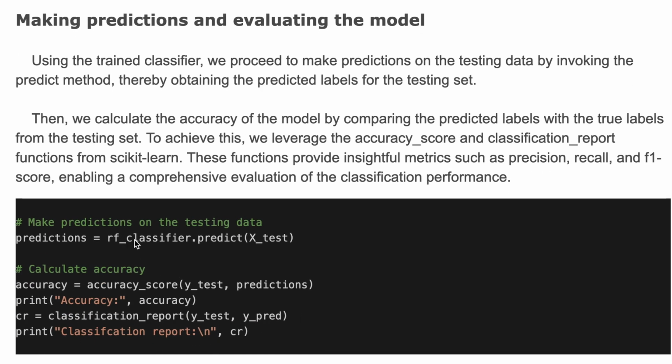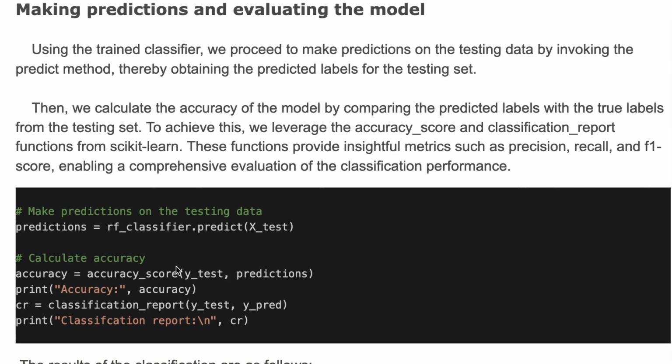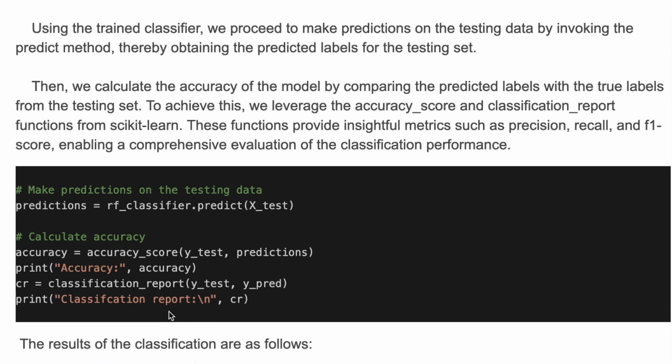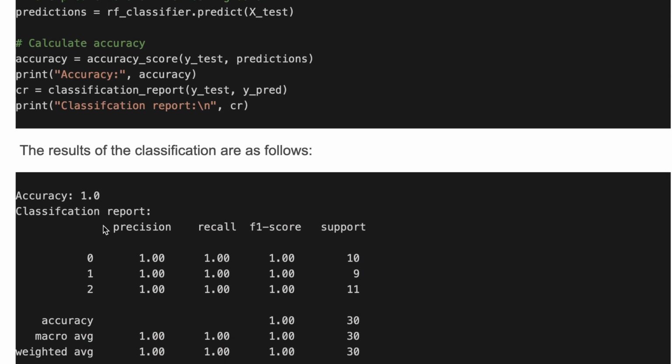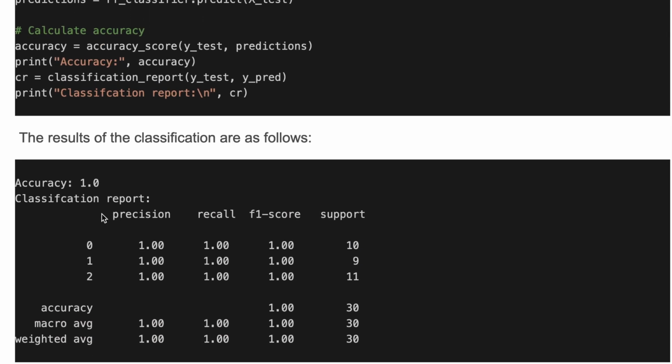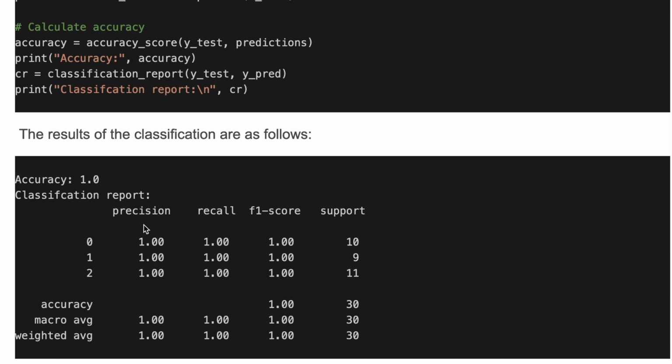Here we make a prediction on the test data, and we calculate the accuracy using the accuracy_score function and the classification report. And here is the result. The accuracy is 100%, and the classification report includes precision, recall, and F1 scores.